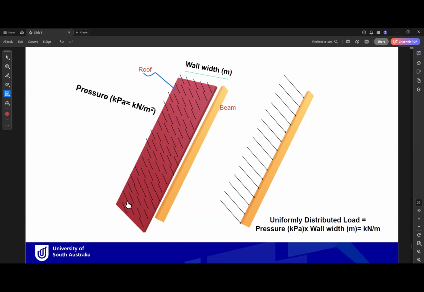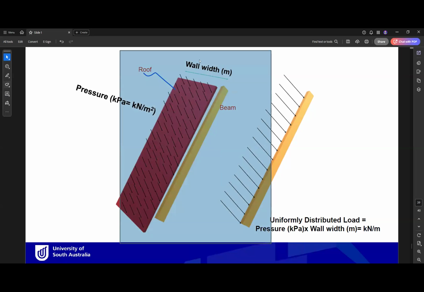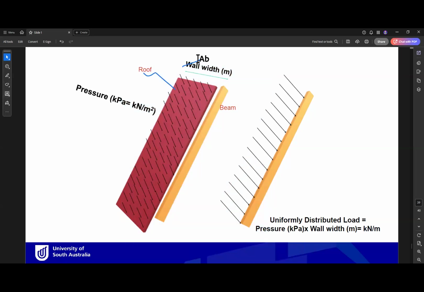So if this is the tributary area of the beam, and we have the load width, the uniformly distributed load or wind load, as I mentioned, will be equal to the wind pressure times the load width. So our last step to find the wind loads is to multiply the pressure times the load width. Okay.